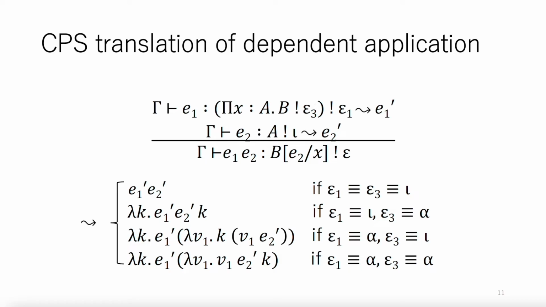The first one is a direct style application, which we get when all subterms are pure. The remaining cases are a continuation taking function, which means that the original application needs access to the continuation. Note that in all of the 4 cases here, the argument E2 is kept in direct style because it is a pure term.